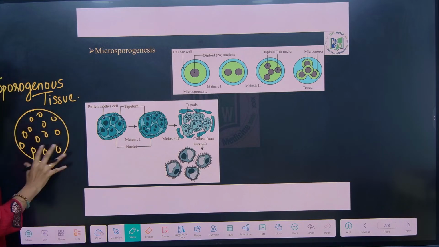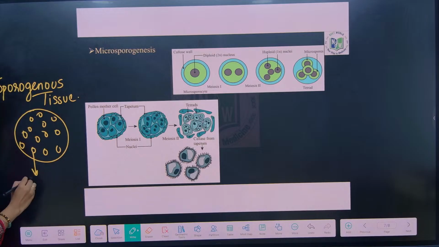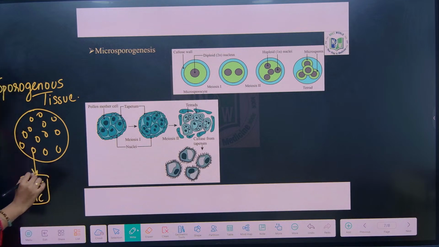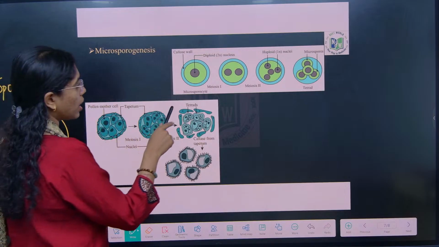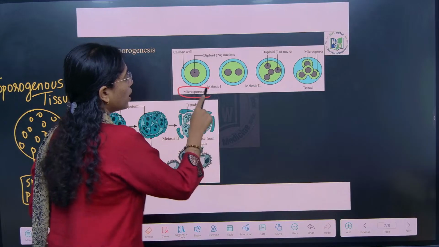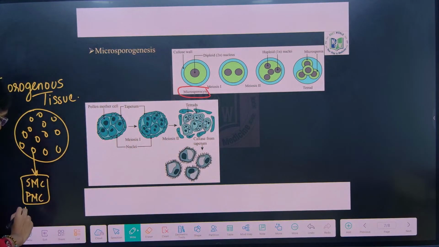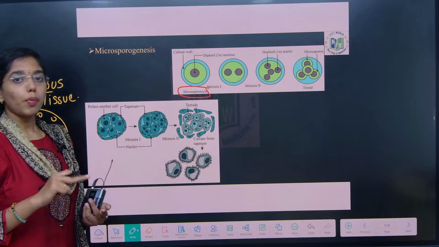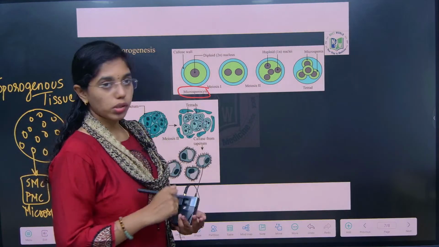The cells which are present inside the sporogenous tissue are known as spore mother cells or pollen mother cells. A spore mother cell is also known as a microsporocyte.